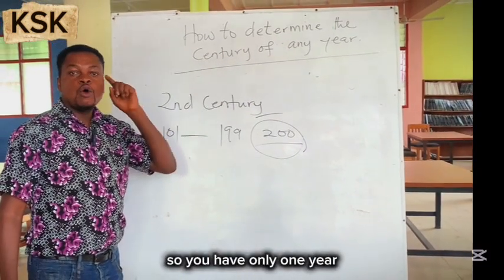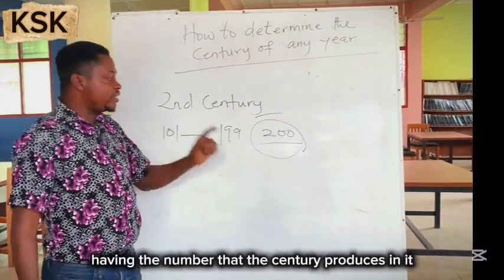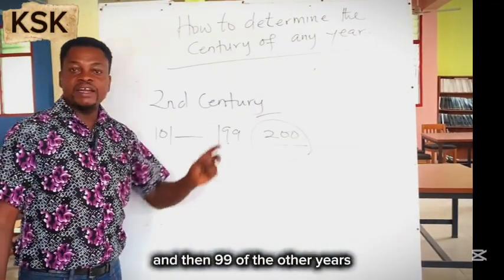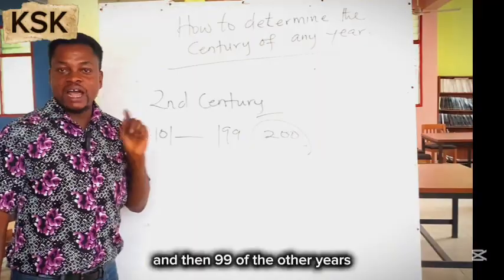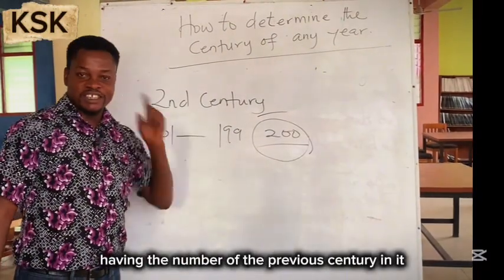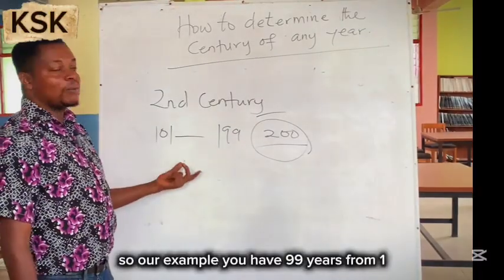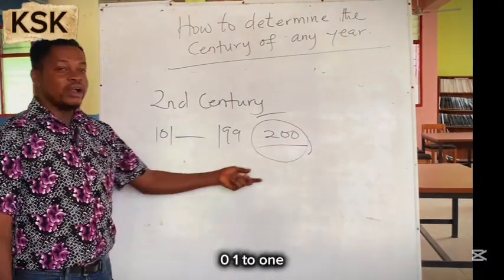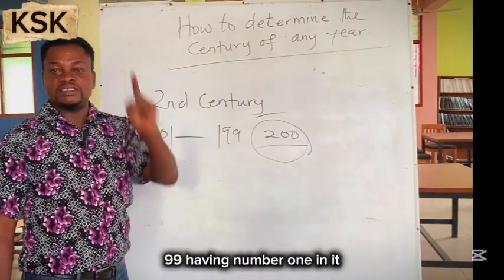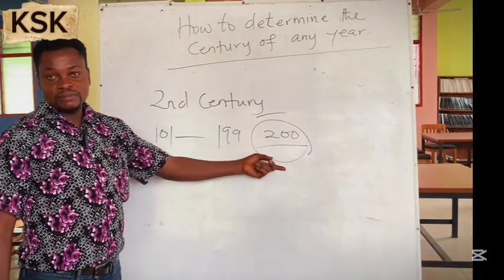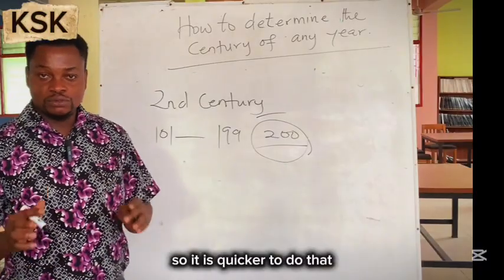So you have only 1 year having the number that the century produces in it, and then 99 of the other years having the number of the previous century in it. So in our example, you have 99 years from 101 to 199 having 1 in it, except the last one, that is 200. So it is quicker to do that.